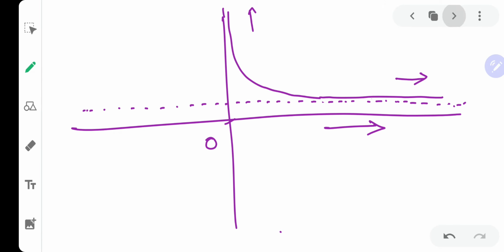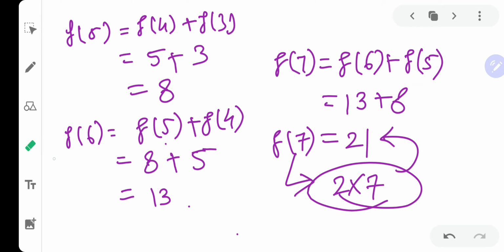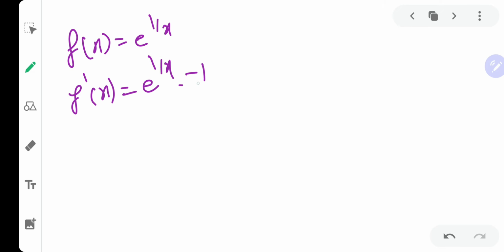So again over here, I would like to make you understand the calculus part of it. Let me add a page and let us see. Your f of x is e raised to 1 by x. Let me calculate f dash x, which will be equal to e raised to 1 by x dot minus 1 by x square. For x less than 0, this will be positive, right?